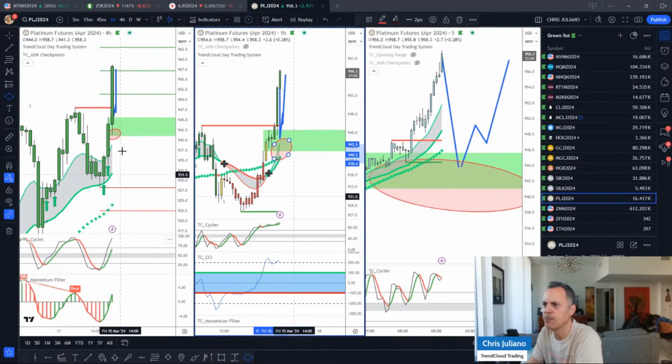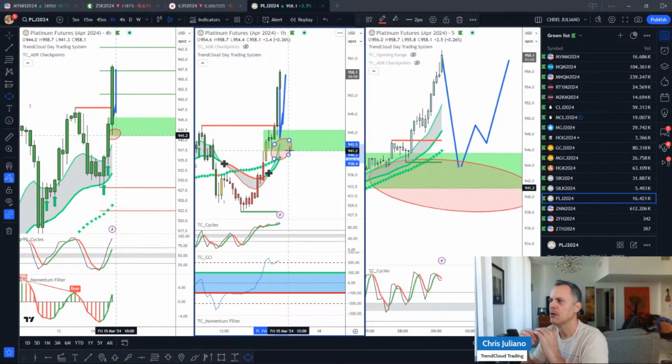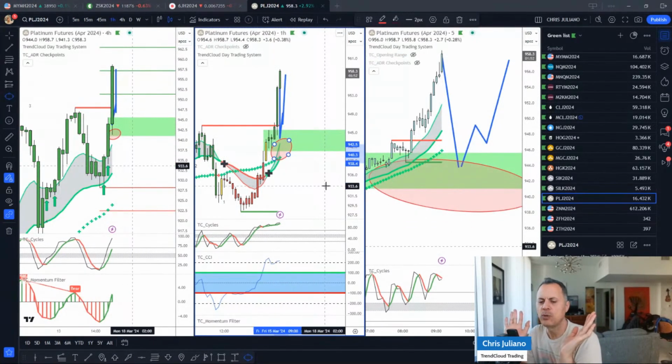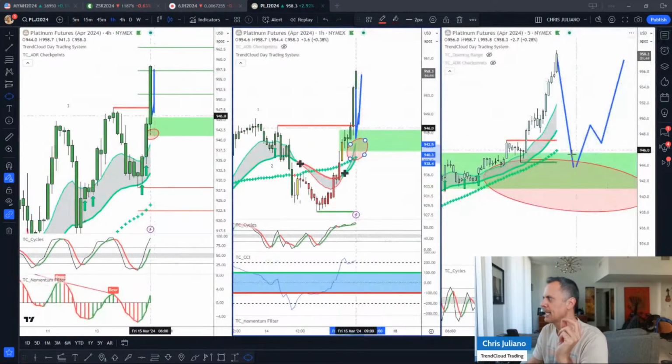So we've got all this upward energy. On the pullback with all this upward energy, we have a really good chance of recalculating and continuing the uptrend. Guys, that's all you can do: put your trade plan in place and just trade what you see.